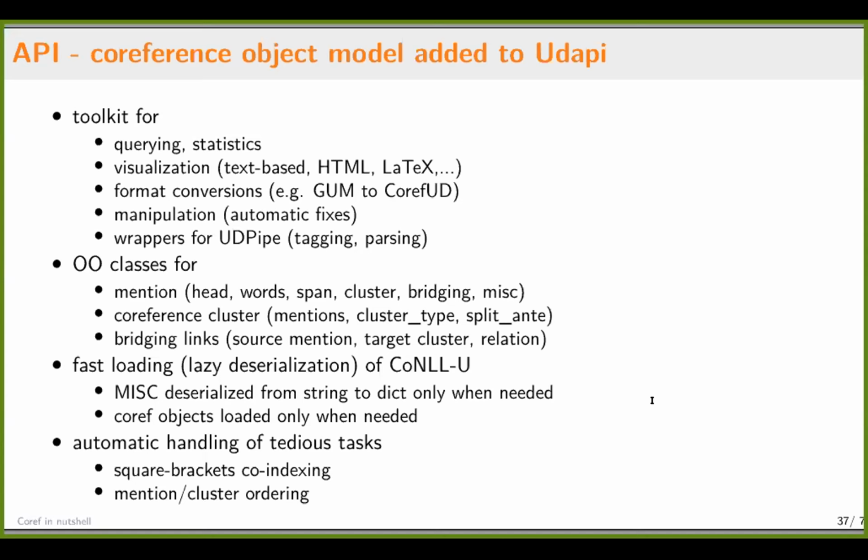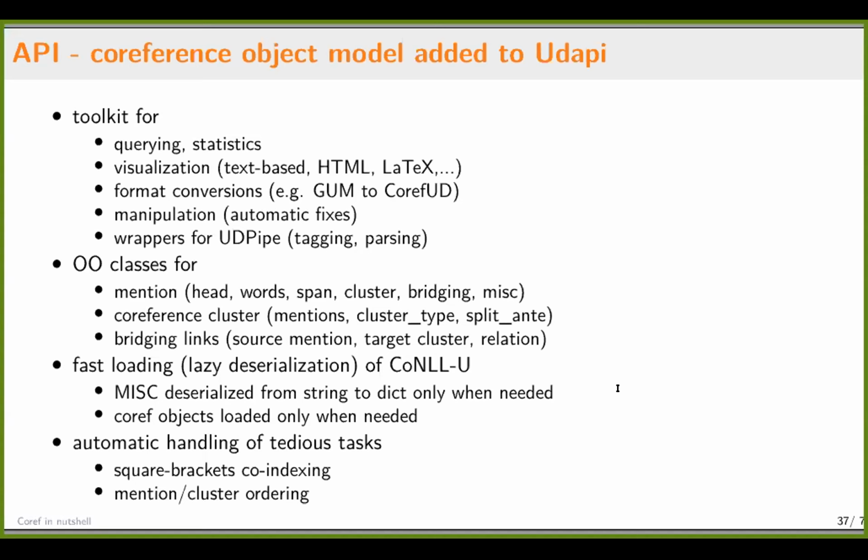So you can use it for querying as an alternative, for example, to PMLTQ, or for printing any statistics as those in this presentation, and for visualization, exporting to some formats like HTML and so on, or text-based visualization of the trees, for converting from different formats, and so on.